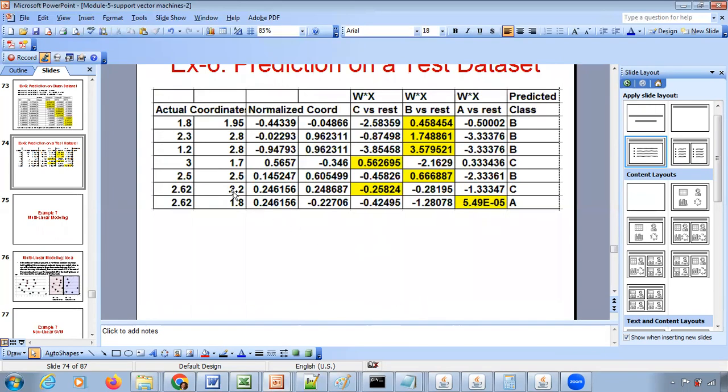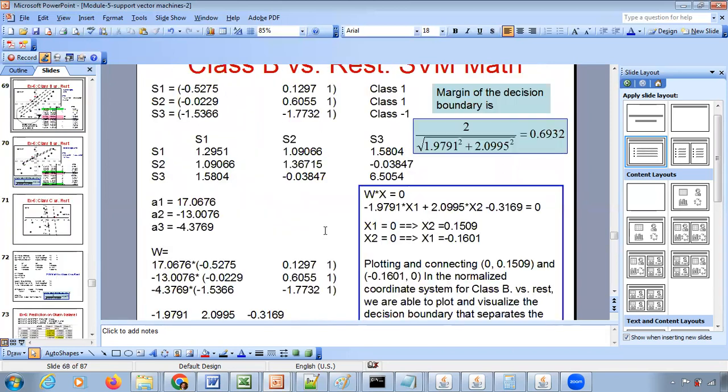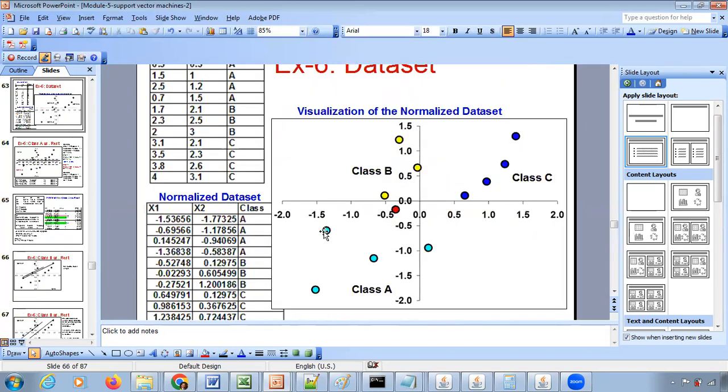So 0.24 and 0.24 in the normalized system is actually this one, somewhere here. It definitely does not belong to class A, but it could belong to either class B or class C. So that's where the ambiguity is.